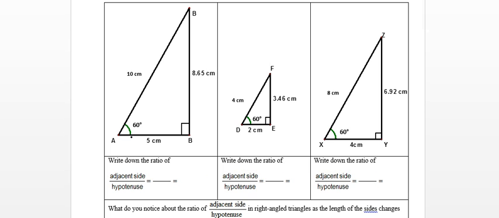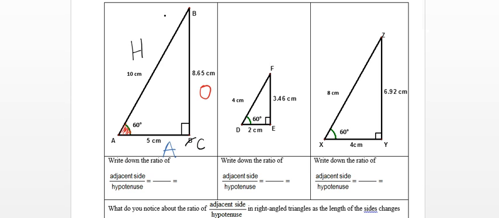In triangle ABC, the side opposite to the angle ABC is H, the hypotenuse. Identifying the angle, we have 60 degrees here, the side opposite to 60 degrees is BC as O, and last but not least, AC as adjacent A.